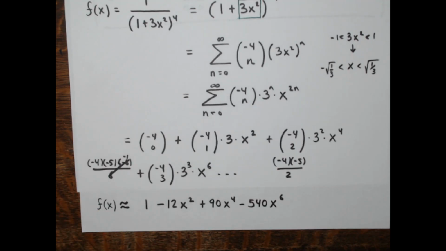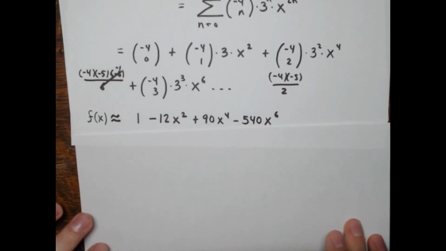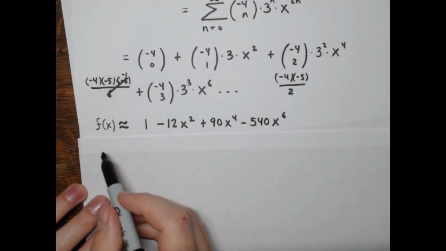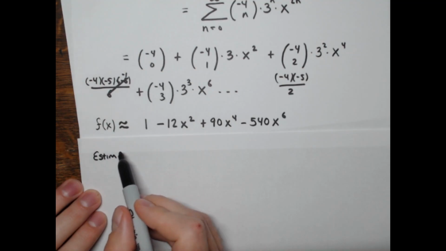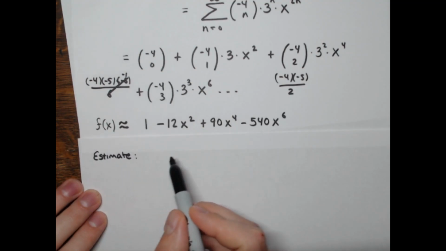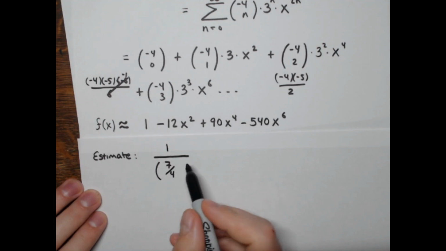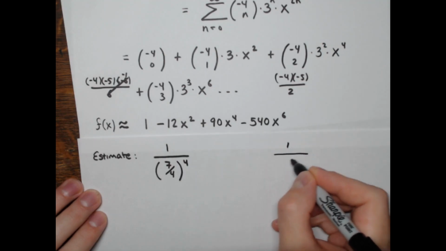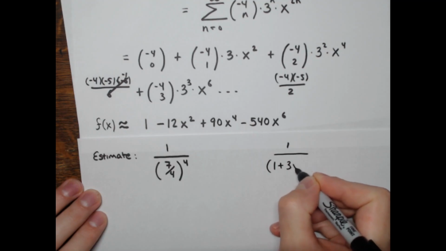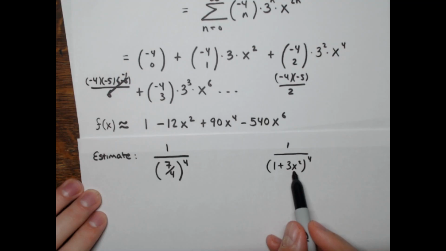Now they're asking us to estimate, using this, something I'll definitely go to a calculator for. They're asking us to estimate and round to 3 decimal places: 1 over 7/4 to the fourth. Well, remember our function was 1 over 1 plus 3x squared to the fourth. 1 plus 3x squared is going to be 7/4.